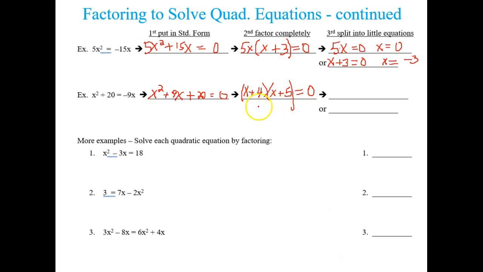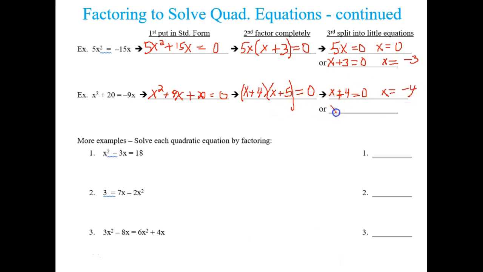Now, I'm going to set each binomial equal to 0, so I'll say x plus 4 equals 0. And then move the 4 over, so I get x equals negative 4.